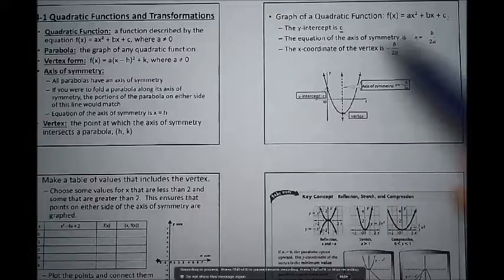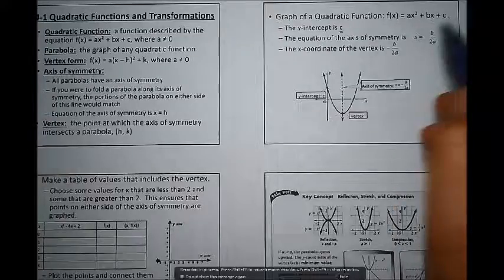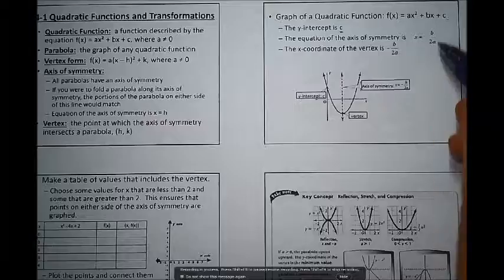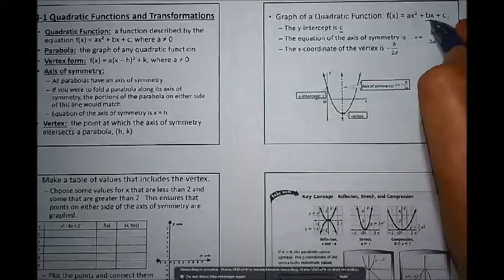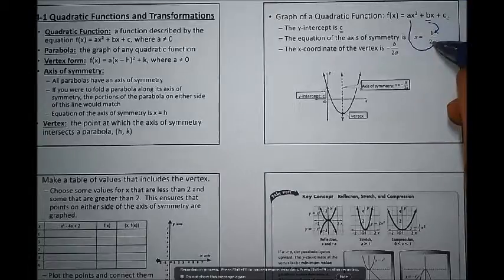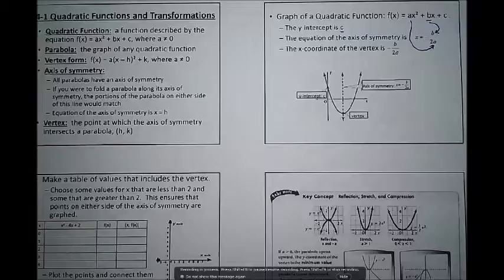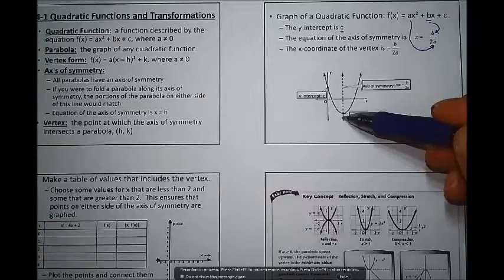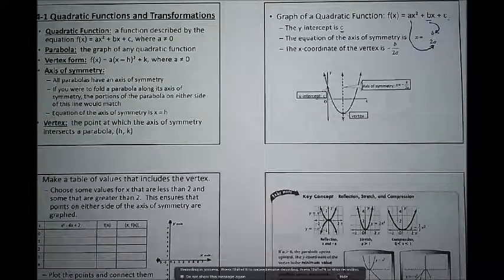Then to find the equation of the axis of symmetry, you're going to take negative b over 2 times that a. The equation for the axis of symmetry will also be the x-coordinate of the vertex. So negative b over 2a is kind of important here.